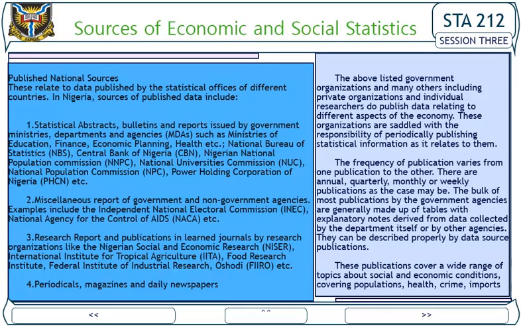Published national sources. These relate to data published by the statistical offices of different countries. In Nigeria, sources of published data include: 1.